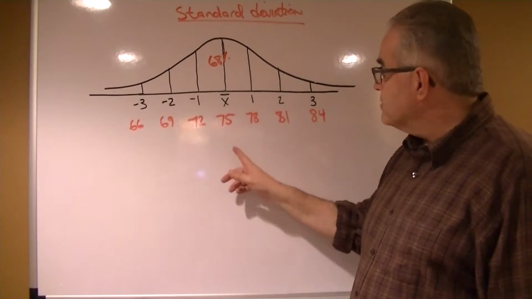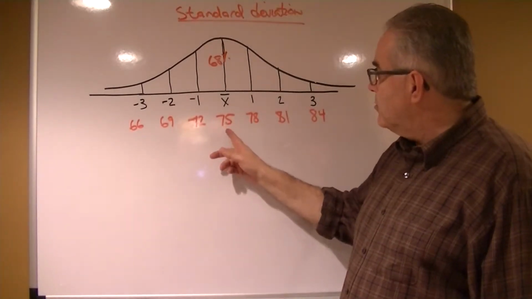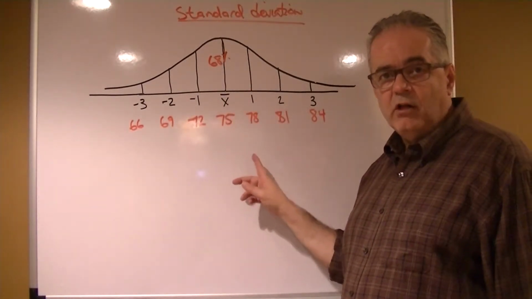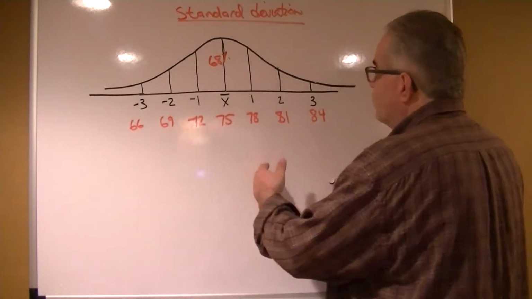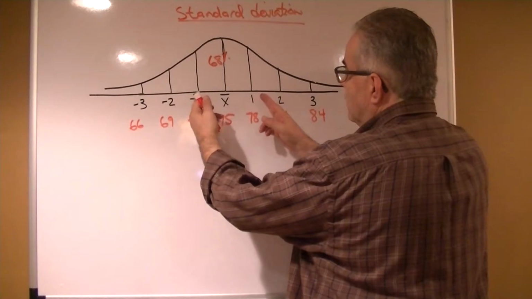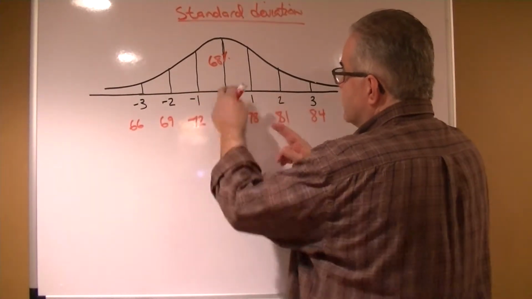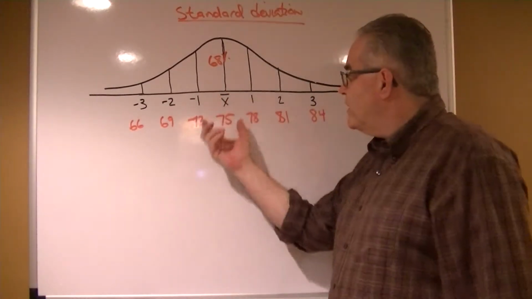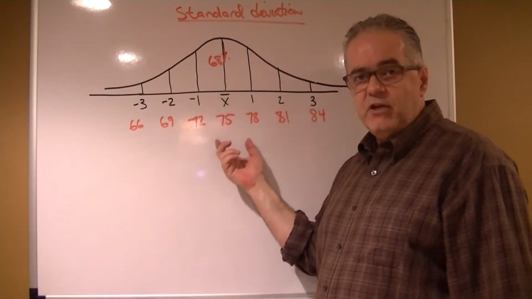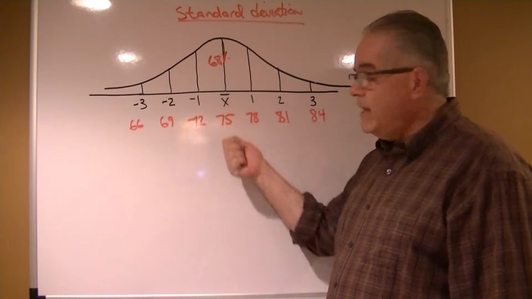So the average basketball player is 75 inches tall, and then you can see going to the right, within one standard deviation, 68% of the players are within one standard deviation of the mean.